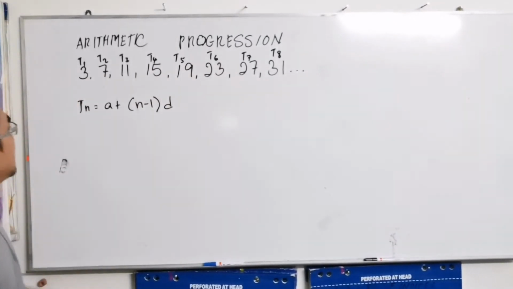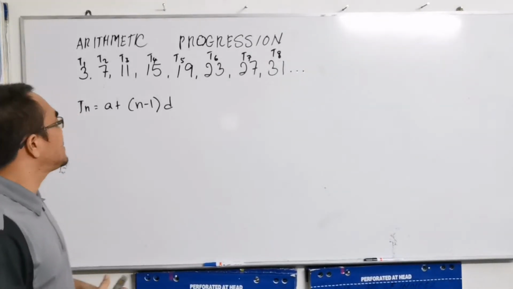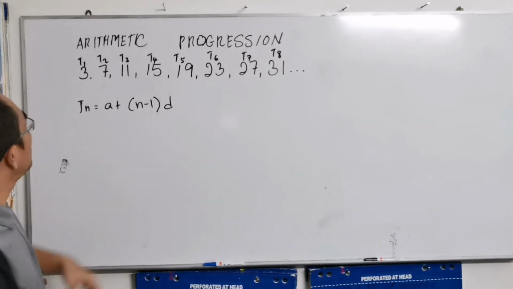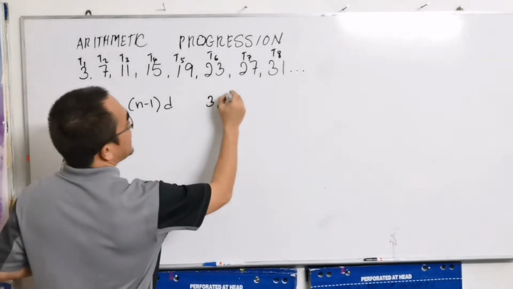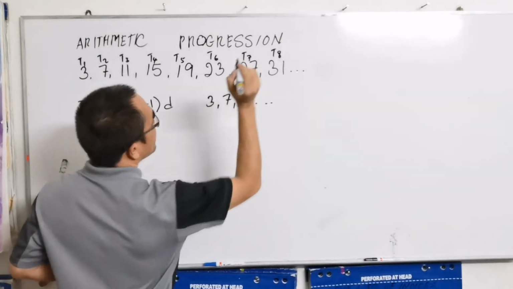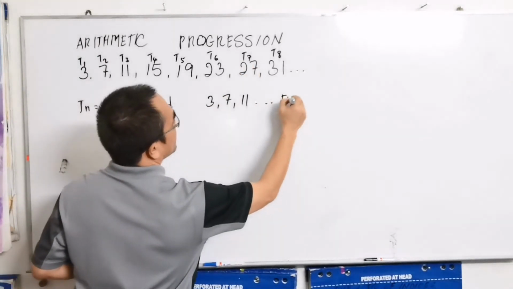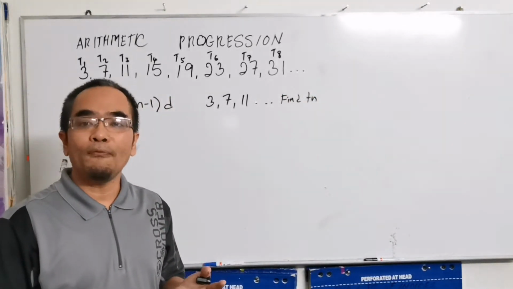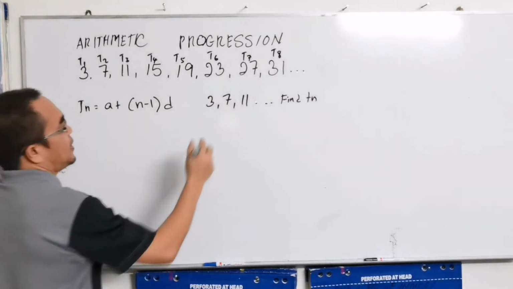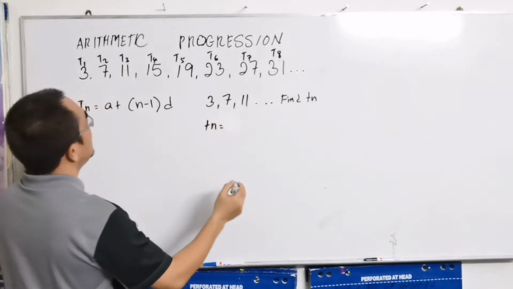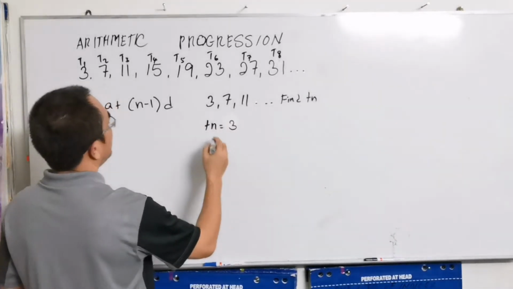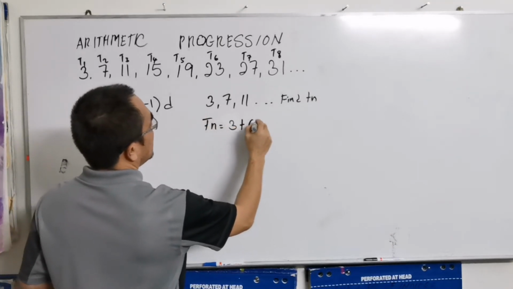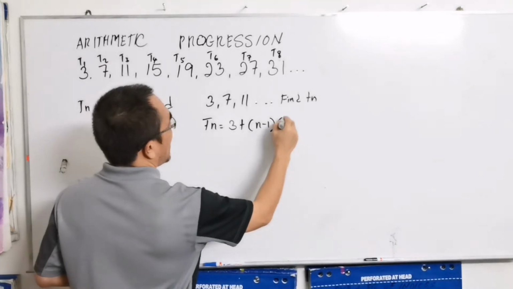Then sometimes the question will be as simple as find the Tn. If the question is asking 3, 7 and 11, find Tn, what does it mean? Just replace the value of A and D. So Tn will be A, which is 3, plus n minus 1 times 4.